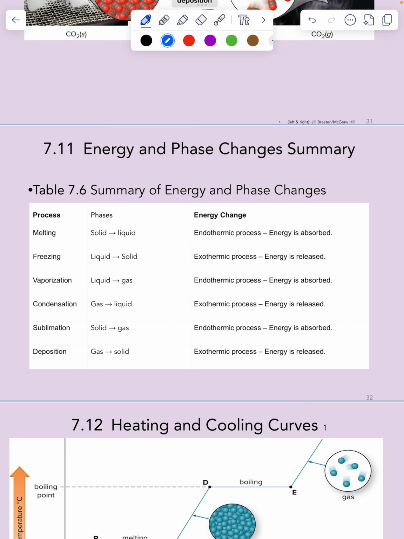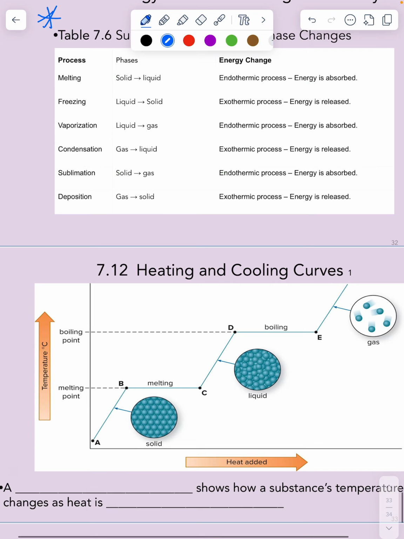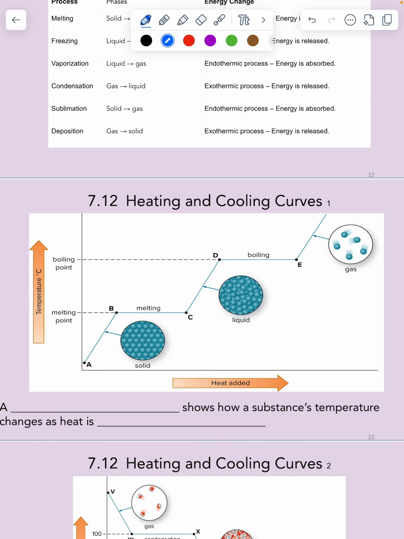And then here we see a graph that's called a heating curve. A heating curve shows how the substance's temperature changes as heat is added. We can see from segment A to B, the temperature is increasing.